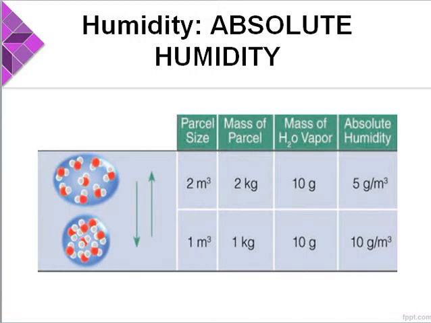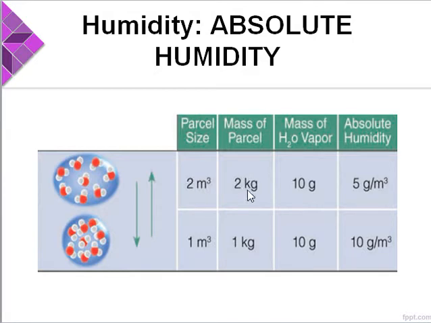When the amount of water vapor in a parcel of air stays the same, an increase in volume decreases absolute humidity. As what you observe here, with an increase in the parcel's volume, there is a decrease in the absolute humidity.